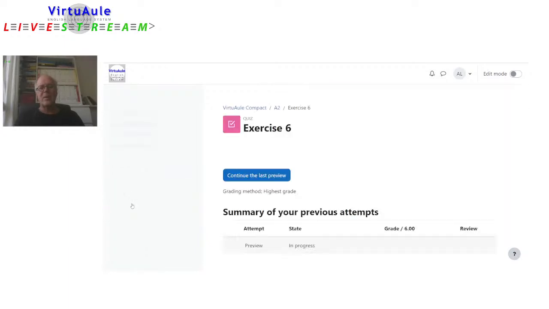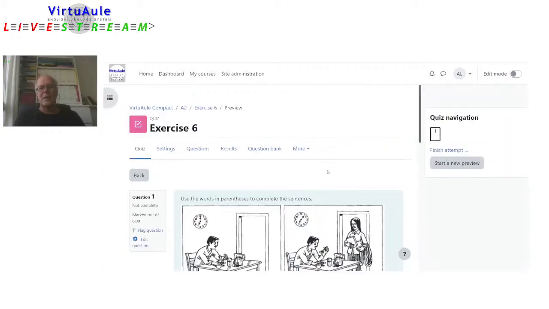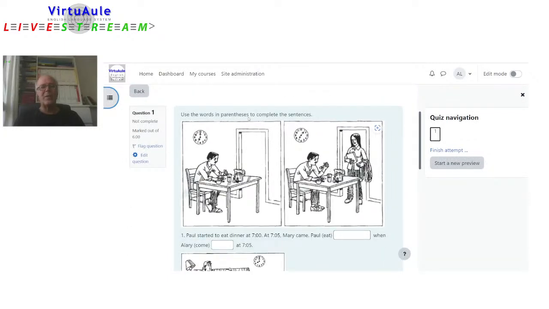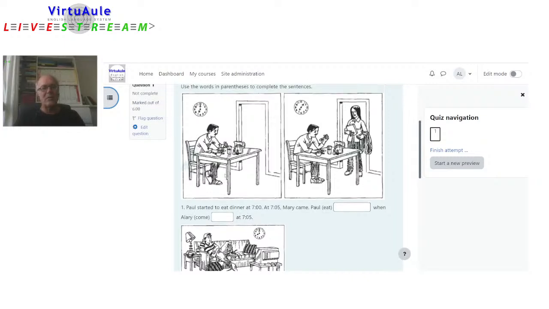Exercise 6 is like this. Use the parentheses to complete the sentences. You see the situation. Here is Paul. Here's 7 o'clock. At 5 past 7, someone comes in the room. So Paul started eating dinner at 7.